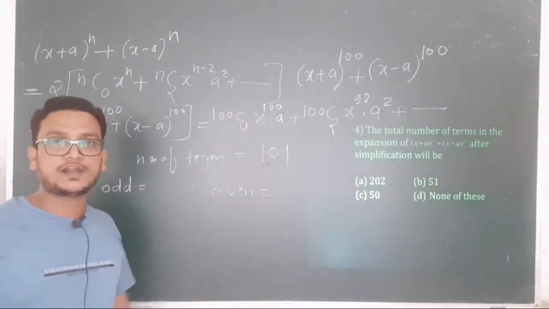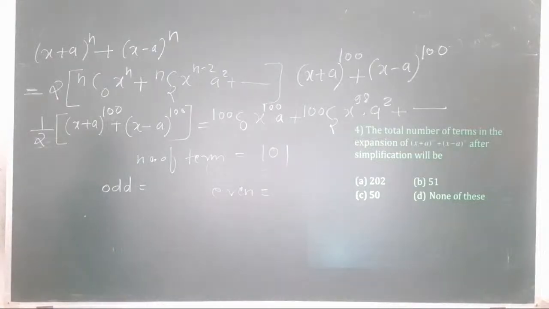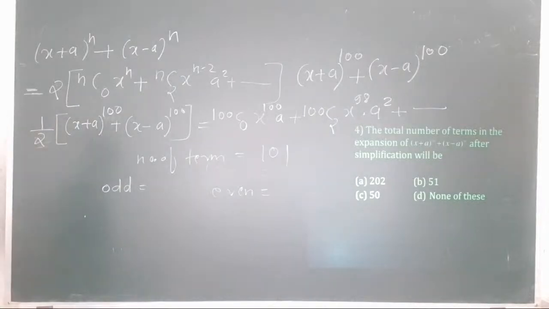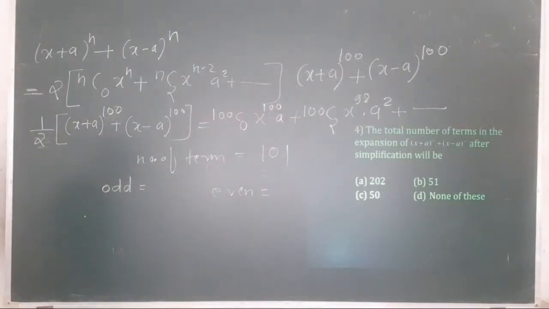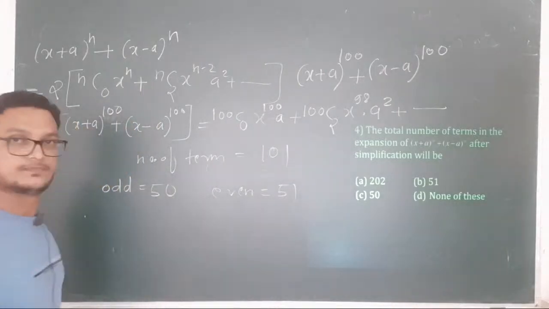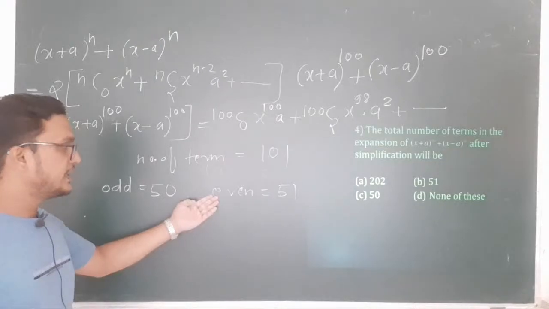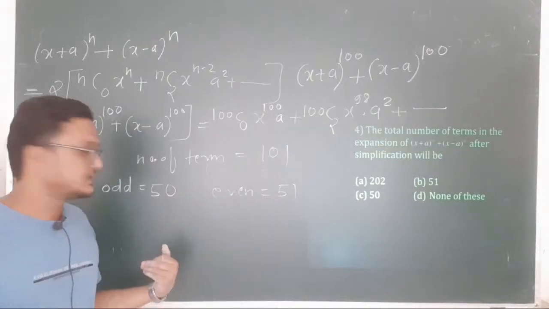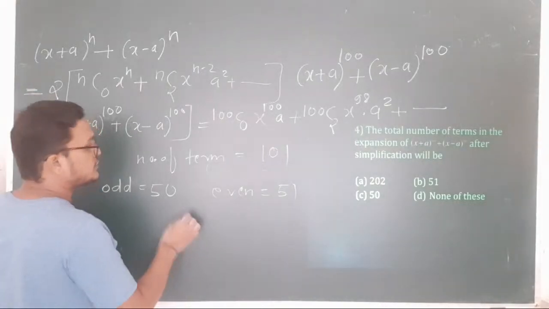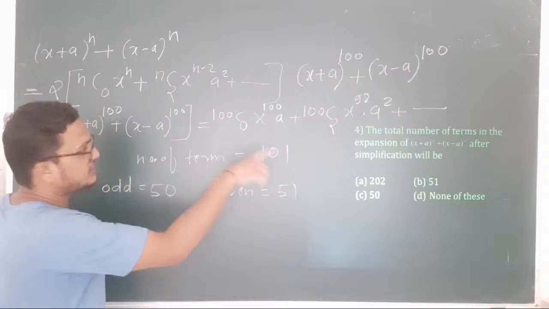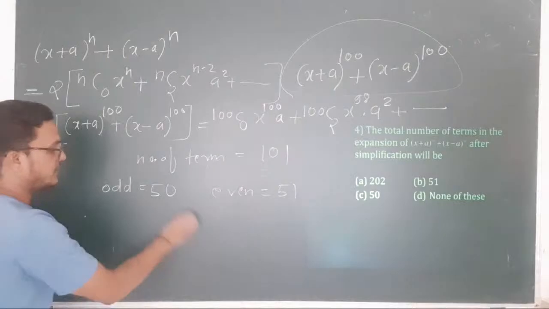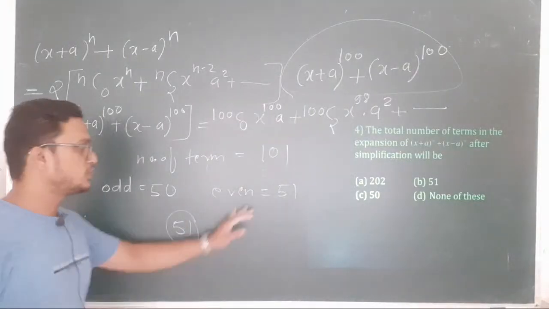In those 101 terms, how many are even and how many are odd? It's very clear: you will get 51 even terms and 50 odd terms. Therefore the number of terms present in this expansion is 51. I have chosen only even numbers.